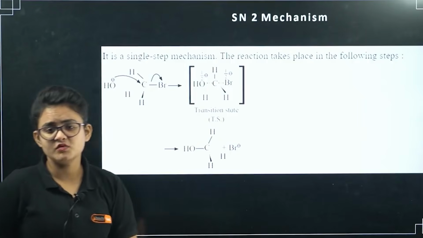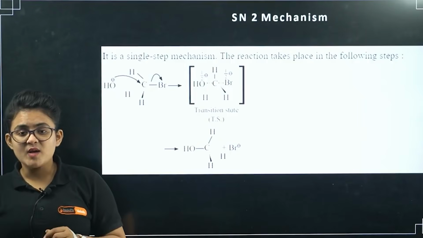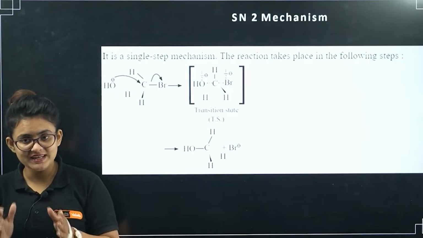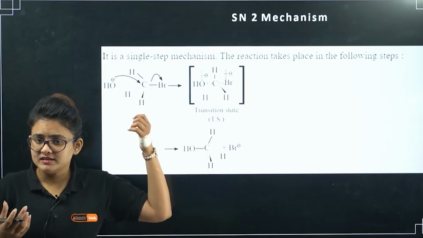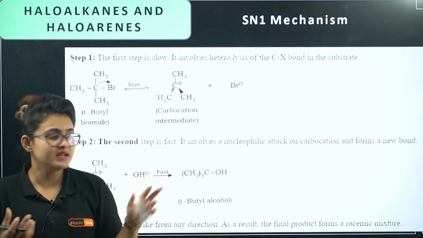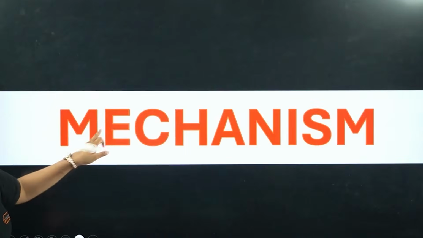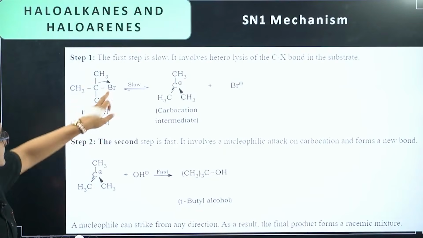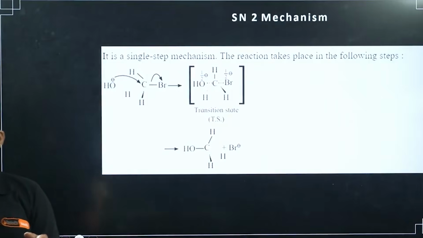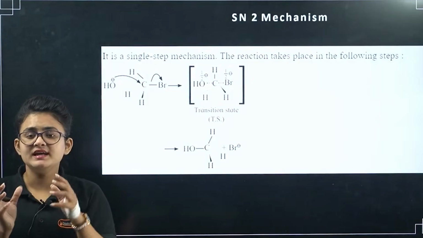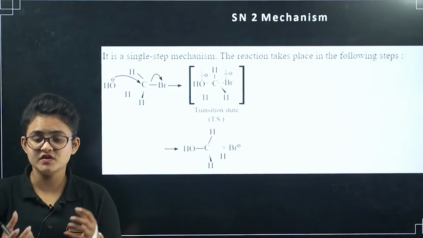Another thing that I wanted to tell, backside approach needs to be very much clear in SN2 mechanism. Let's say if I take this tertiary butyl bromide unit, in that particular case, the backside is completely hindered because of the presence of bulky groups.